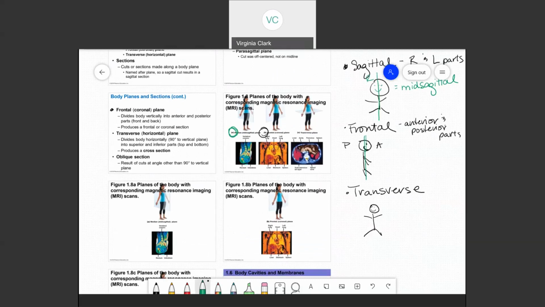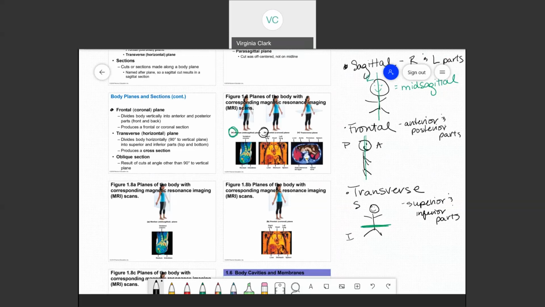And with this one, you are going to slice across the body. So like a belt. A transverse section is going to be kind of like a belt. And what you're doing with this one is you are going to have a superior and inferior part. So essentially you're going to have a superior, a top, and a bottom when you cut this in half.